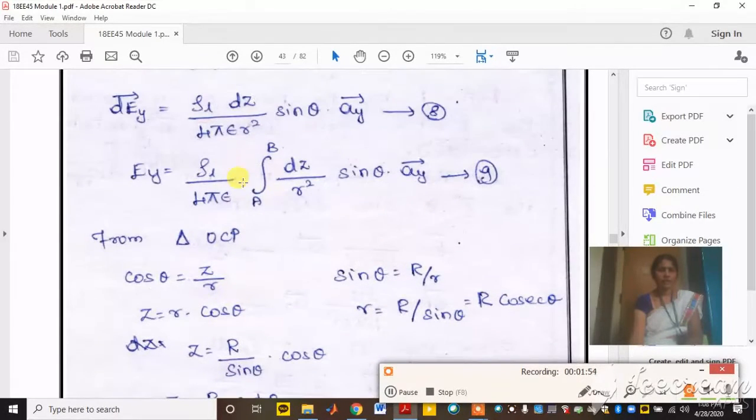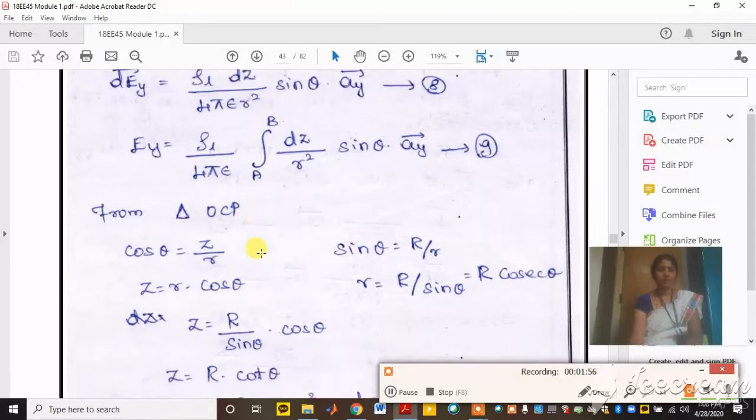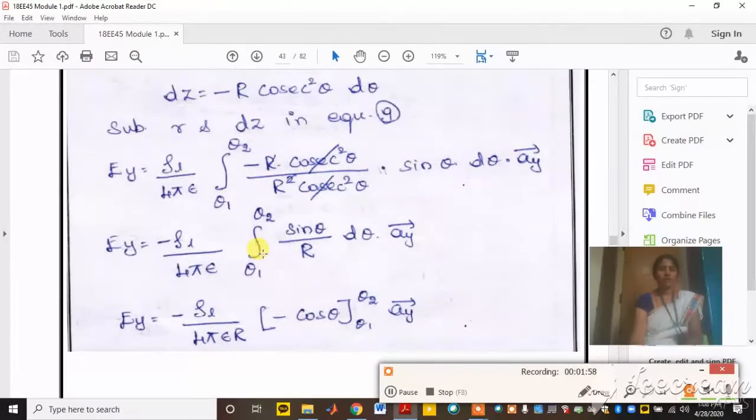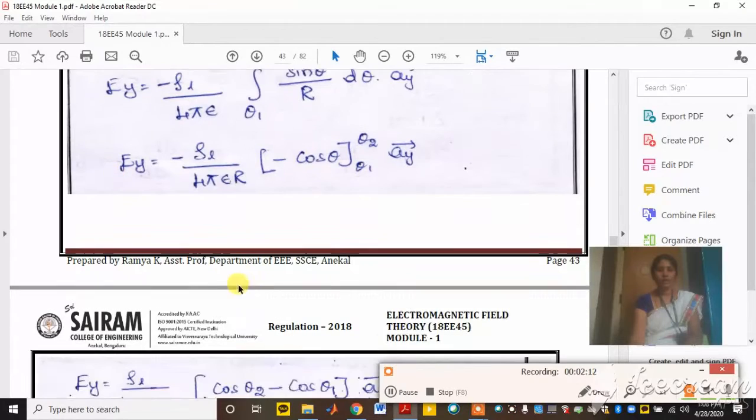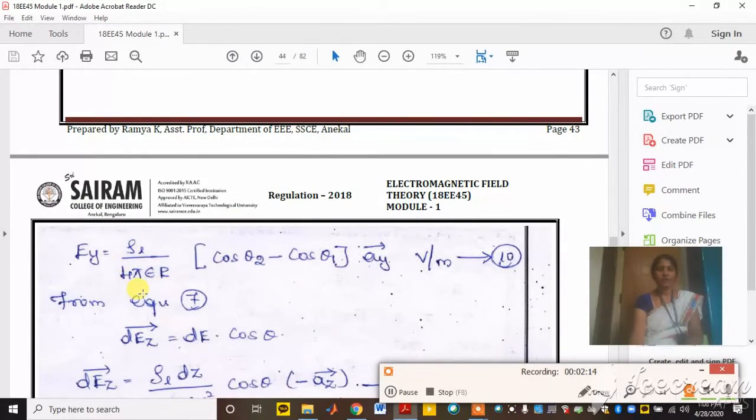The integration is from A to B, that is initial value to the final value. So the initial value of theta is theta 1 and the final value of angle is theta 2. So Ey is equal to rho L divided by 4 pi epsilon, the integration is from theta 1 to theta 2, and after substituting, you will get Ey is equal to rho L divided by 4 pi epsilon r into cos theta 2 minus cos theta 1 into Ay vector.